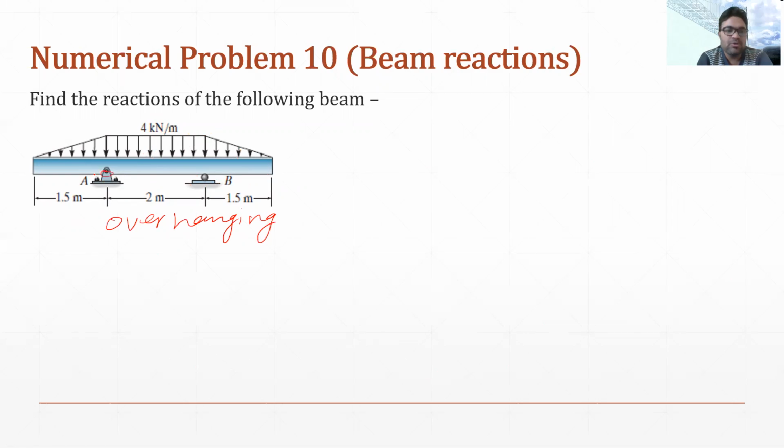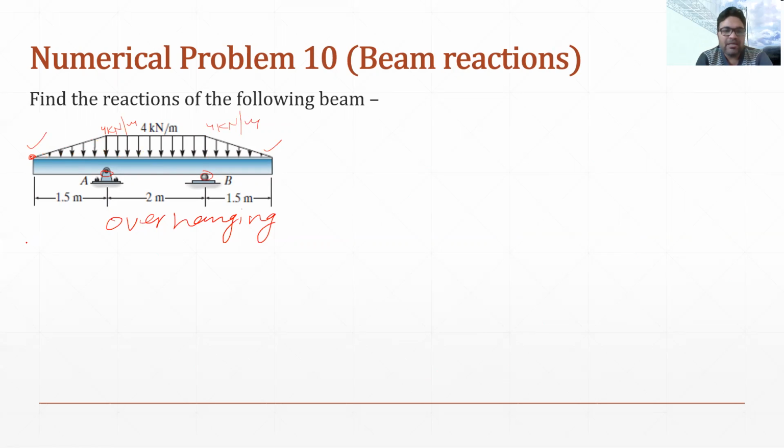From this support, it is overhanging, and from support B, it is again overhanging. This beam is carrying a UDL between the supports, and on the overhang part, it is carrying a UVL. The intensity of the UVL at the free end is 0, and at the support it is 4 kilonewton per meter. Similarly here also 4 kilonewton per meter.